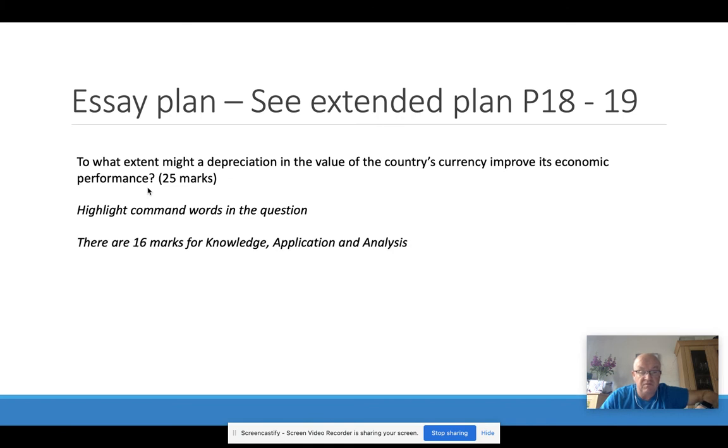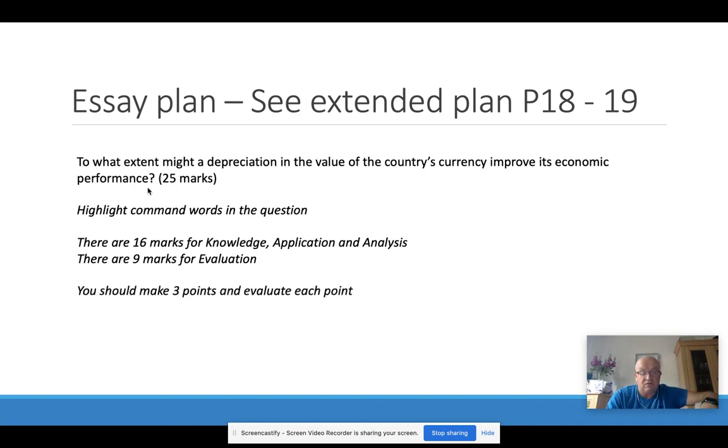Remember, for a 25 marker, it's always split in this way at A level. In a 25 mark question, you've got 16 marks for knowledge, application and analysis, and you've got 9 marks for evaluation. And remember, based on the 25 mark questions that you've received back recently from me, that there are levels involved for both the KAA, knowledge, application and analysis, and also for evaluation.